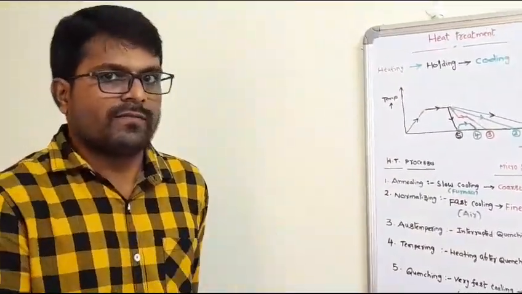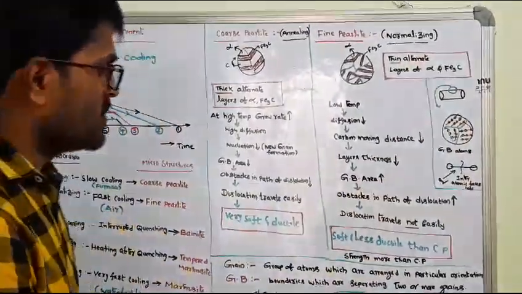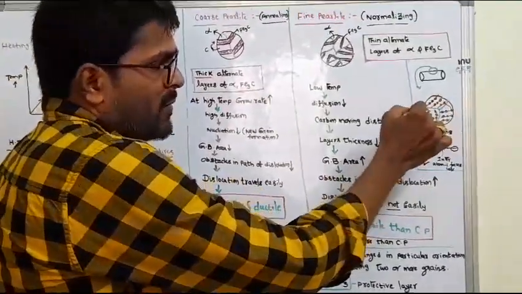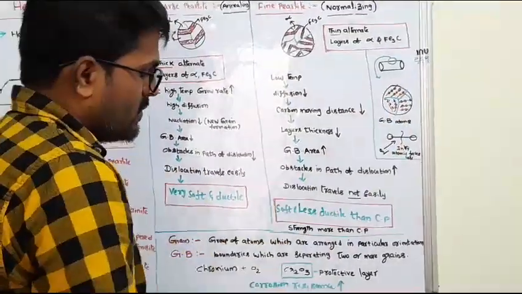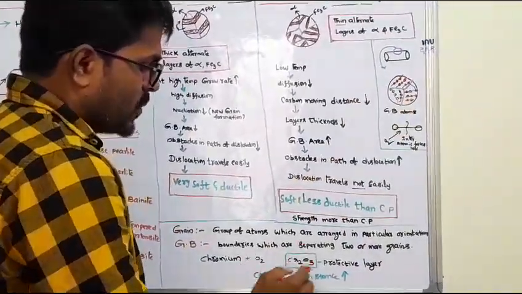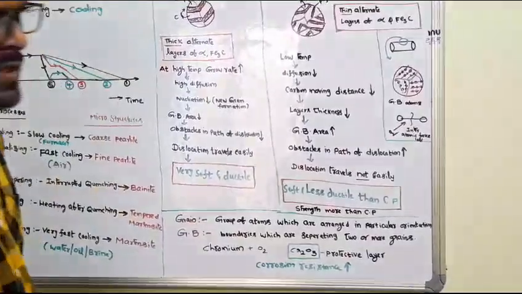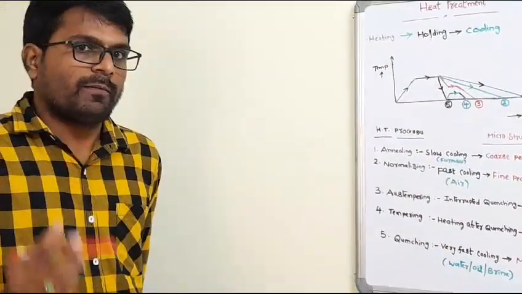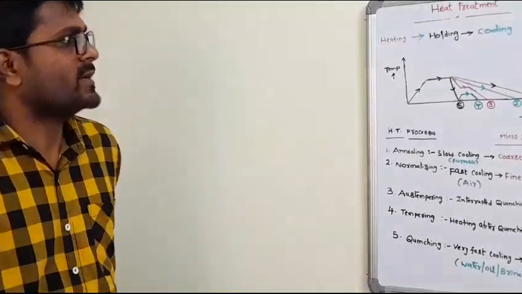To avoid this, what we have to do is add some chromium. If you add chromium, it will settle and form a layer of chromium oxide, a protective layer that improves the corrosion resistance. Like this, in material science, we have to look from the microscopic point of view.